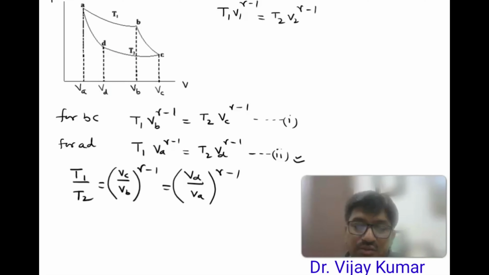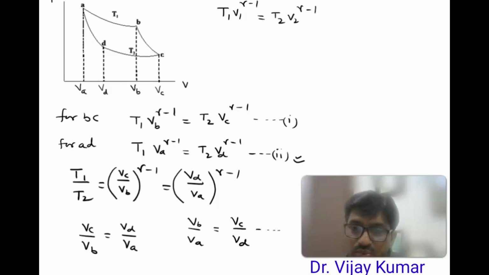So we can write VC upon VB equals VD upon VA, or VB upon VA equals VC upon VD. This is equation number 3.